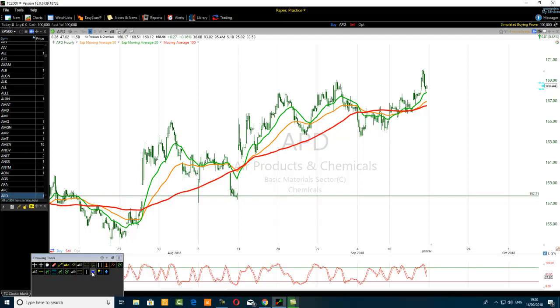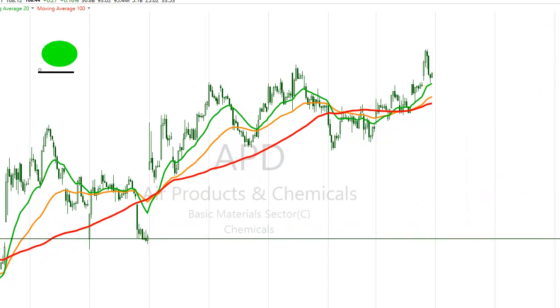when there is a bullish moving average crossover, so first condition, there is a bullish moving average crossover. In order to buy, you must wait for a pullback. There's one example here. Moving average 20, the green one, goes above the moving average 50, the orange one.